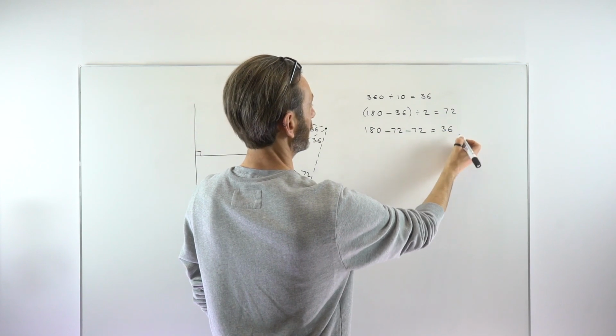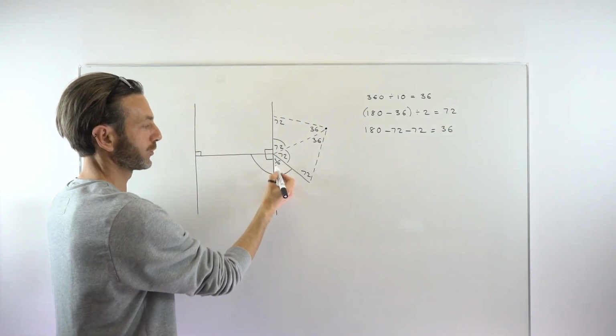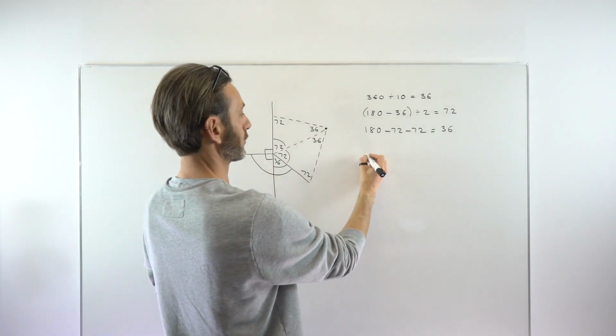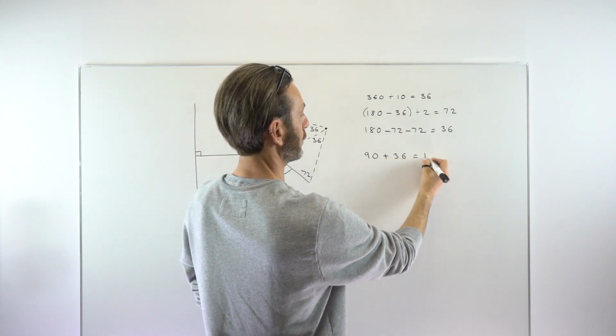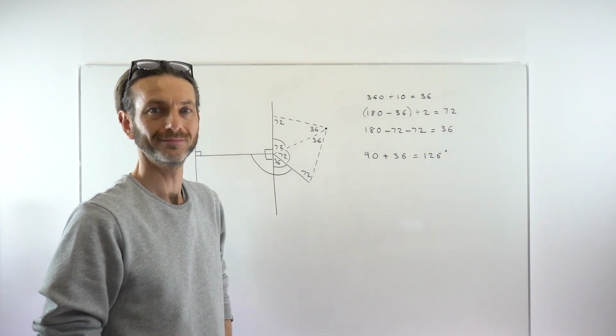So it's going to be 36 degrees. So it tells us that this angle in here is also 36 degrees. That tells us our total angle is going to be 90 degrees plus 36, which is 126 degrees.